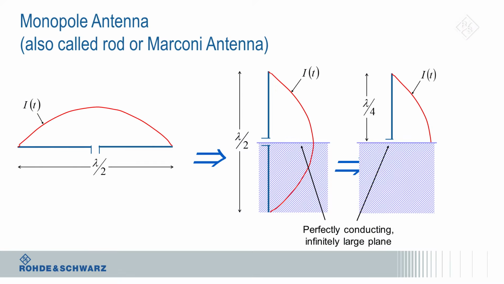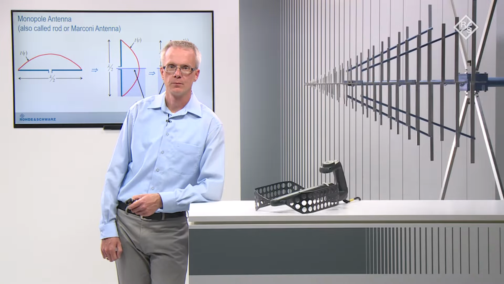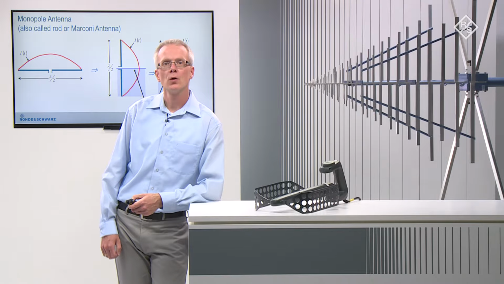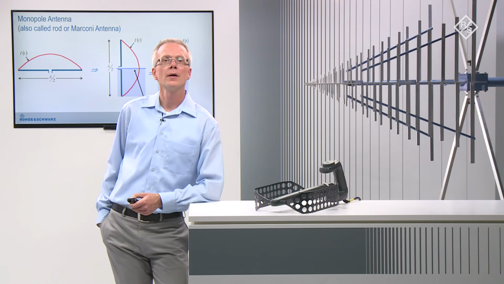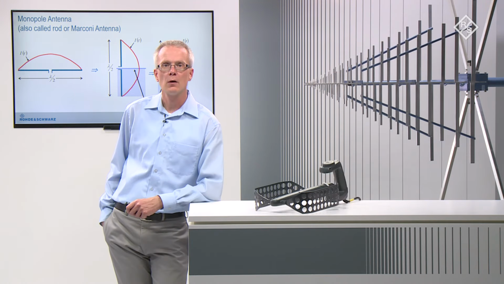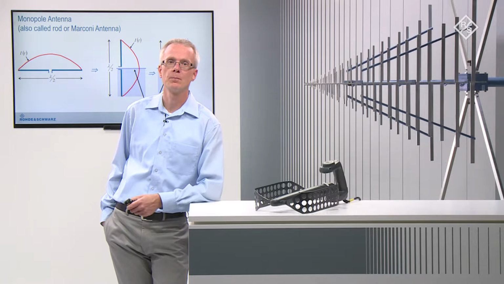From the dipole antenna, we can derive the operating principle of Rohde antennas or monopole antennas. We can assume that the current distribution on an antenna that is only a quarter wavelength long is identical to that of a half-wave dipole, if the missing half of it is replaced by a highly conductive surface, ideally a perfectly conducting, infinitely large plane.